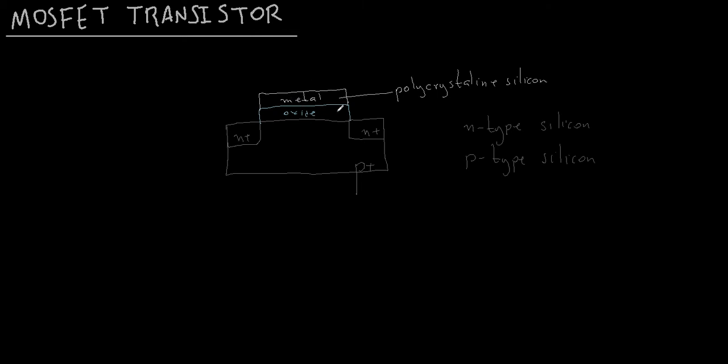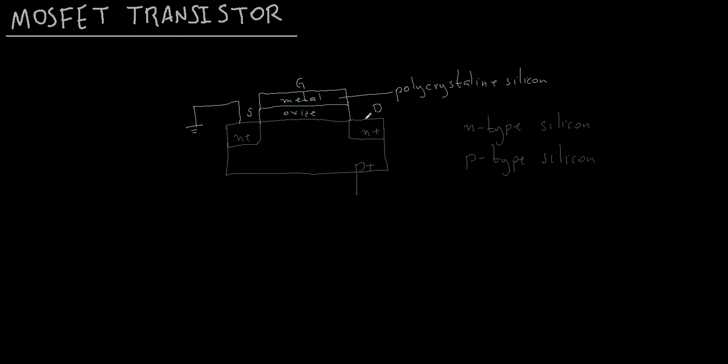Now how does this work? So we call this end here the drain, this is called the source, and this is called the gate. Now let's ground the source. For this type, the source is usually grounded, and the drain will be set at a voltage V, usually 5 volts.